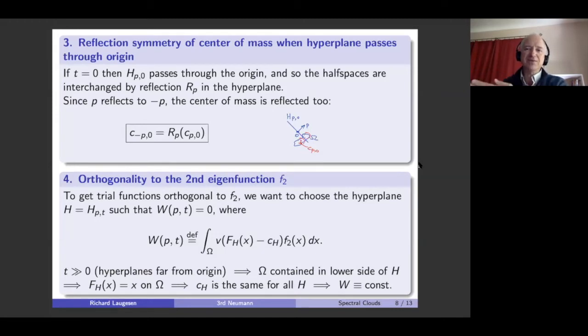So if you change the p to negative p, that simply flips the role of the two half spaces. And then you chase through the definitions and you realize this tells you that the center of mass point gets reflected through that hyperplane. So Rp is reflection in that hyperplane. So with that, we're going to be then able to bring in this result of Petrides that I mentioned earlier.